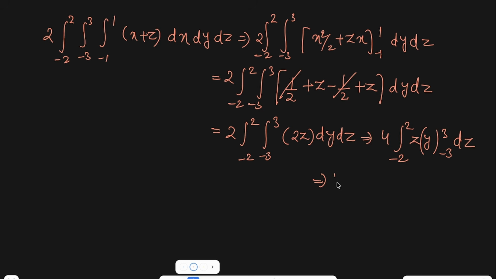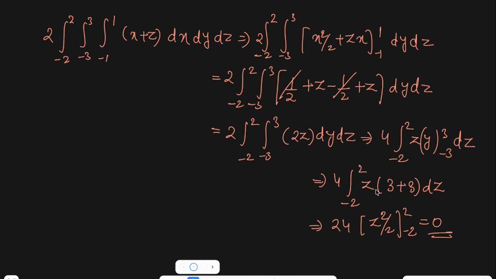So it is going to be 4 times the integral from minus 2 to 2 of z into 3 plus 3, which is 6z. So it is 24 times the integral of z dz. Now it is odd basically. It is z square by 2 from minus 2 to 2, and it will be 0, because this is an odd function.